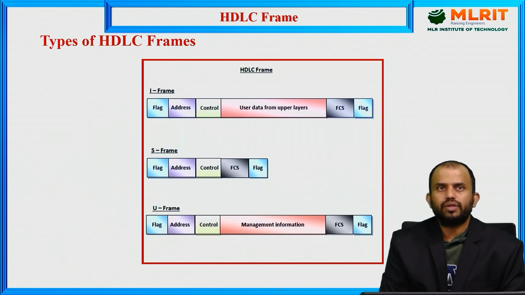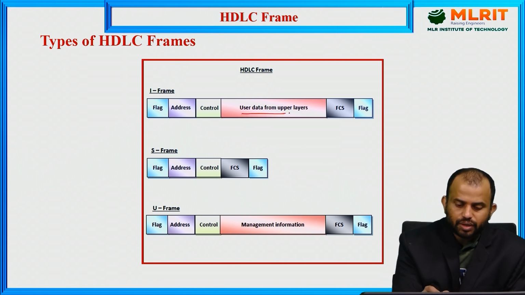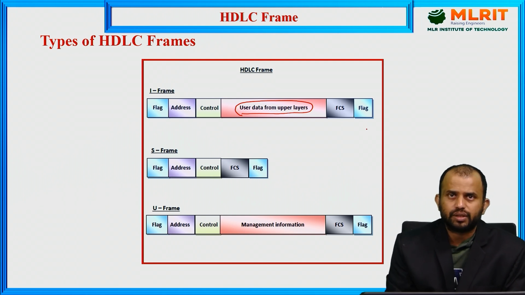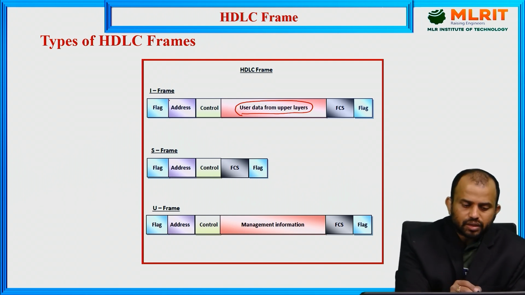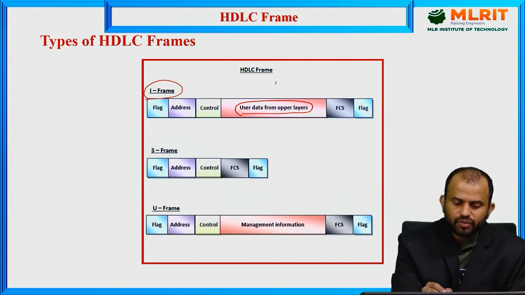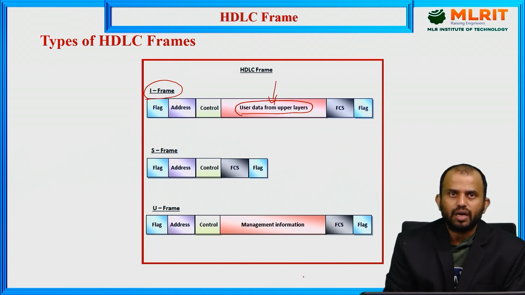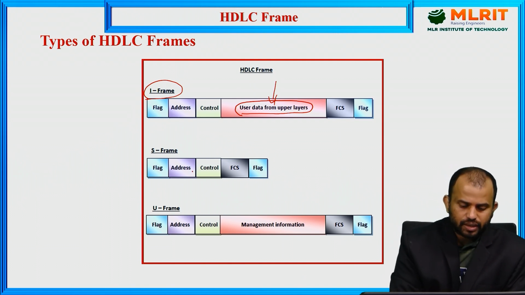And in the HDLC frame structure, there are types of frames, which we call the I frame, S frame and U frame. The I frame we call the information frame, which carries user data from the upper layer. So whatever information we grab from the upper layer, we store in this frame. Similarly the S frame and the U frame.